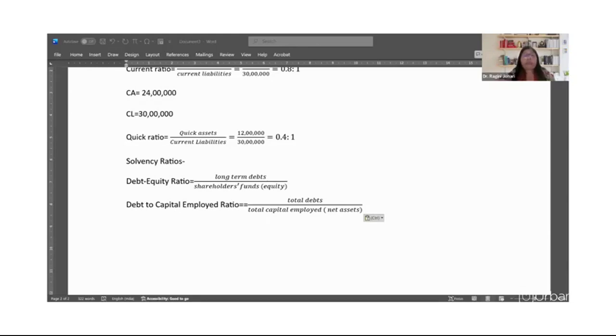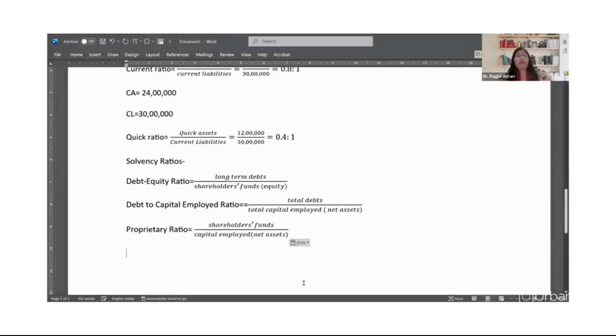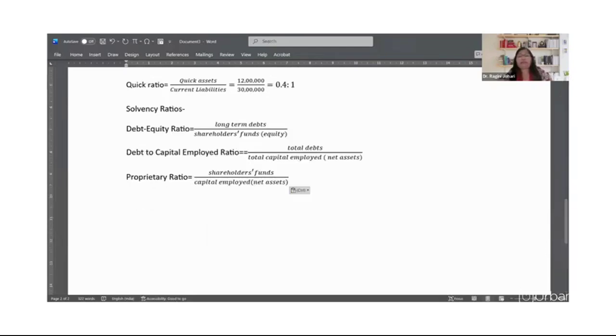Then we have the next set of ratios, that is proprietary ratios. The formula for proprietary ratio is shareholders' funds divided by capital employed or net assets.